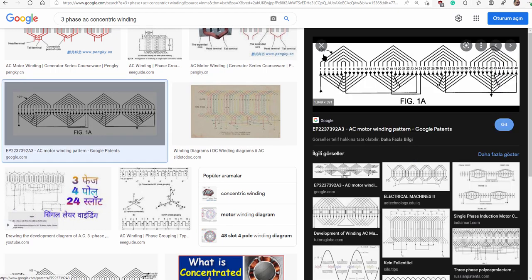That is also concentric winding, having 6 subcoils, 1, 2, 3, 4, 5, 6, and their returns. As you see, change of current direction will define the number of poles. From here to here, 1 pole, 2nd pole, 3rd pole, 4 pole.